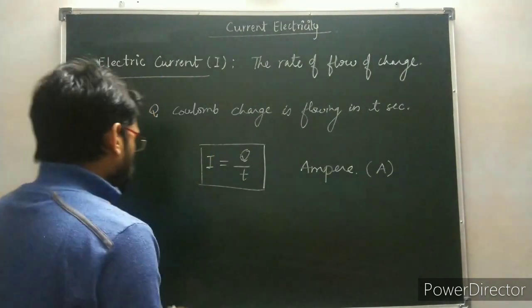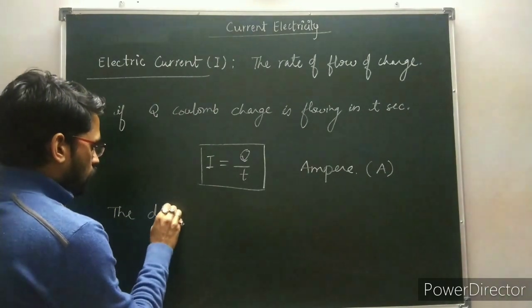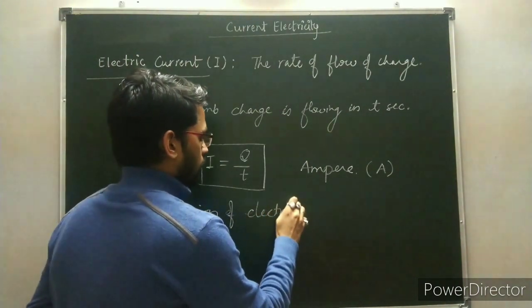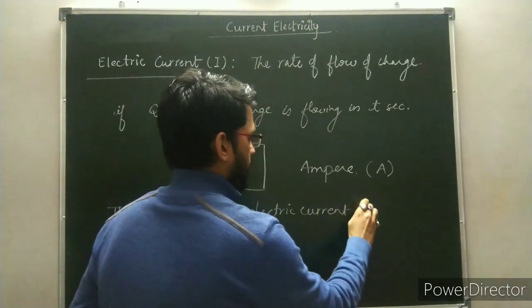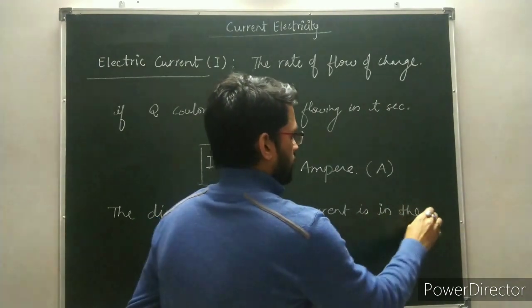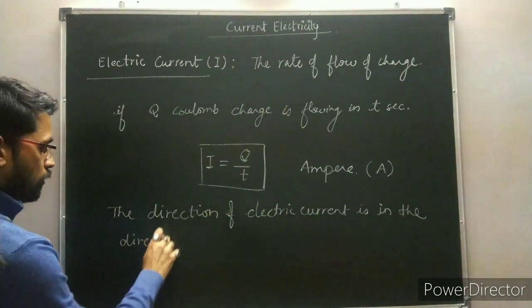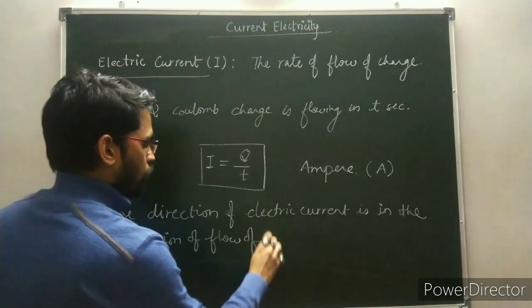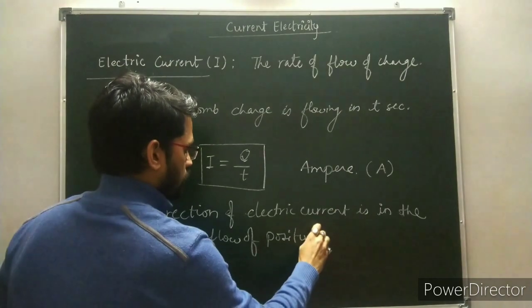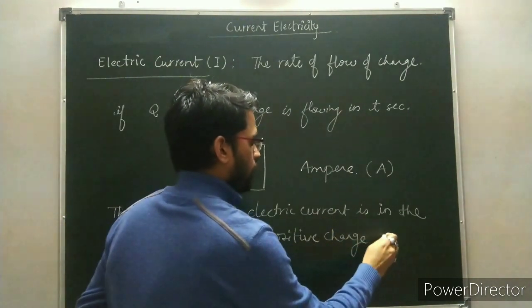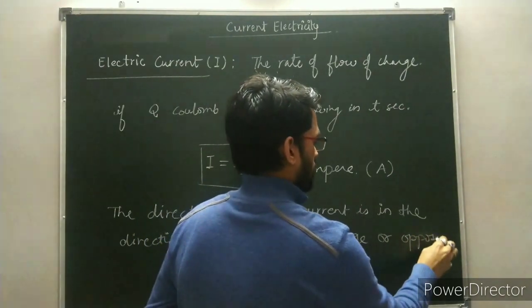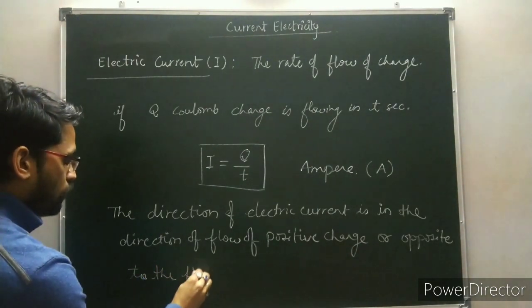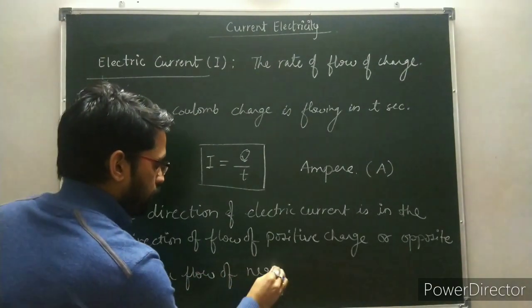So we can write: the direction of electric current is in the direction of flow of positive charge, or opposite to the flow of negative charge.